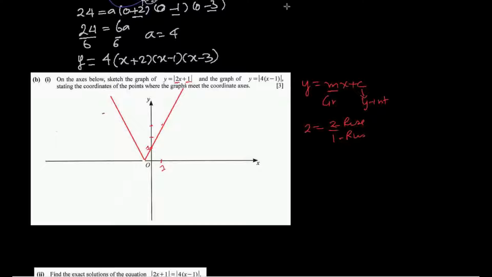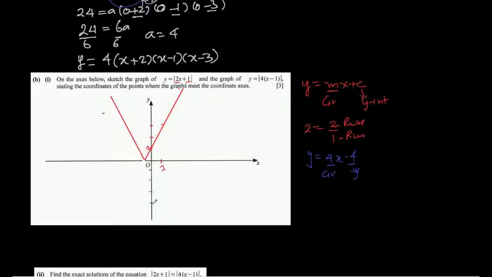Now let's go to the second one, which is y equal to 4x minus 4, isn't it? If I expand this, it becomes y equal to 4x minus 4. So gradient is 4, y-intercept is minus 4. So minus 4, let's go down, 1, 2, 3 and 4.